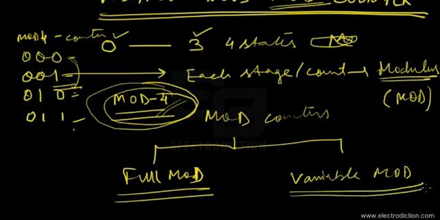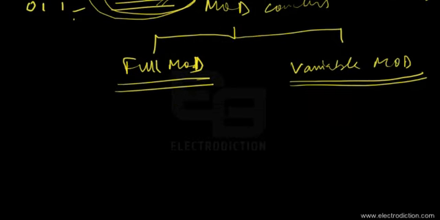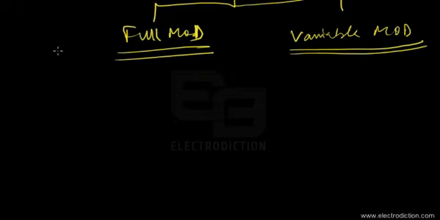So variable mod counters refer to those counters in which the maximum number of states that they can count up to is limited by some external logic circuitry. Having said that, we're going to discuss the functioning of asynchronous mod counters with the example of a mod 6 asynchronous counter.